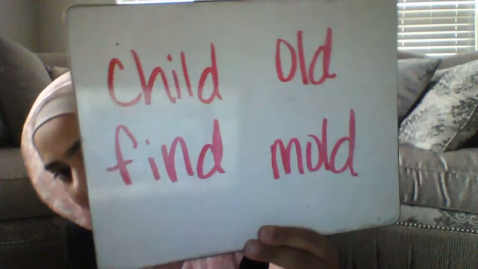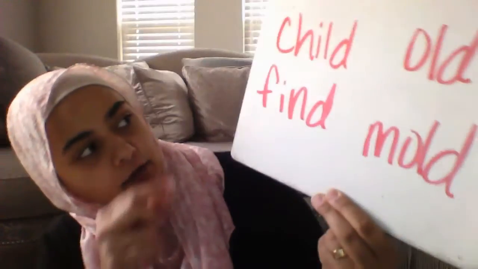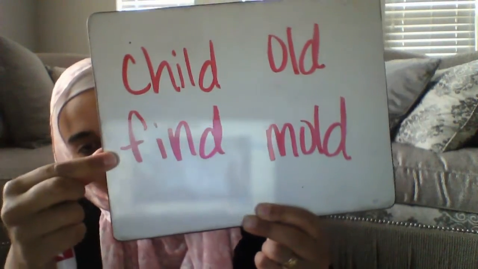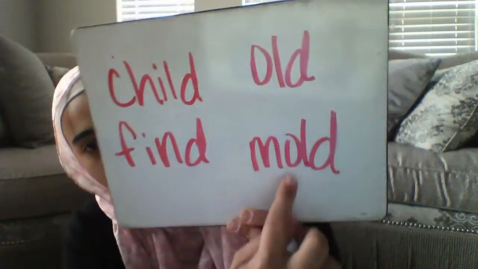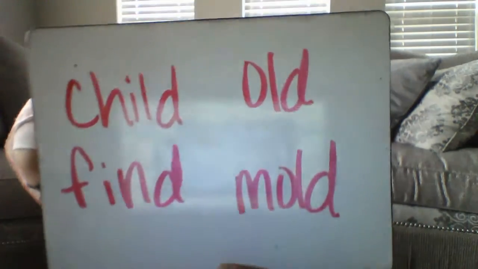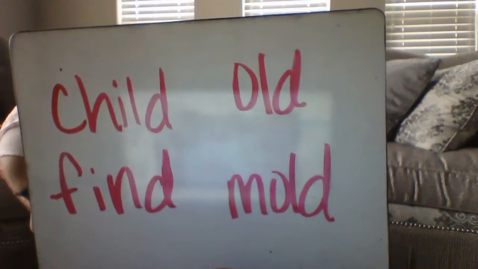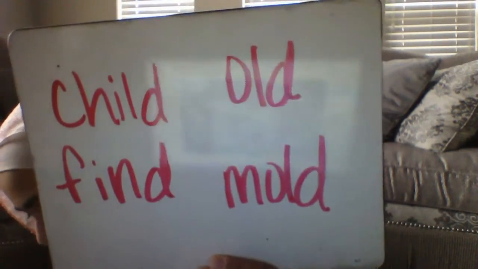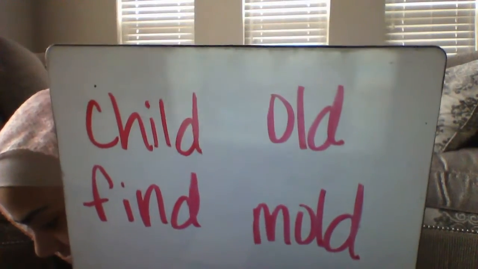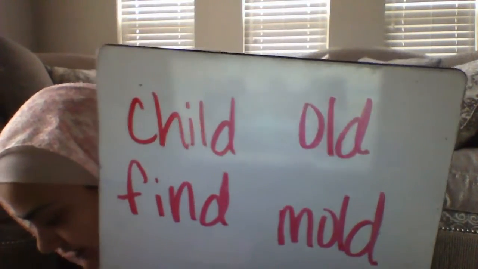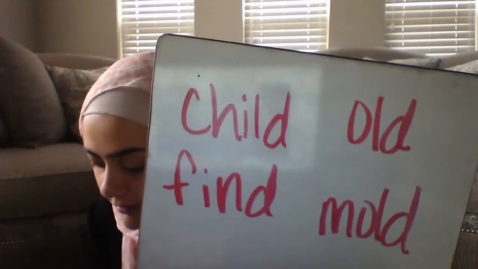Let's read these words together. We have child, find, old, mold. Read them one more time. Child, find, old, mold.